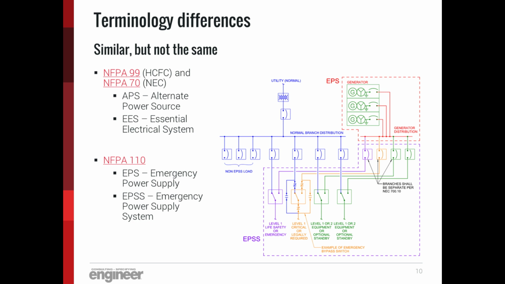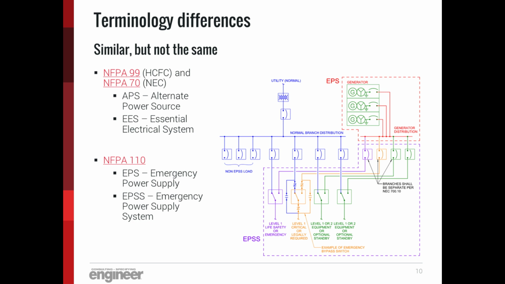The generator set is an emergency power supply. That's the phrase. In this particular case, if the alternate power source is a generator, then the emergency power supply is also the same generator, and you have both sets of terms that apply to the same equipment.